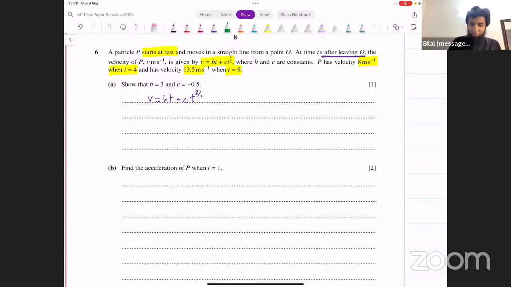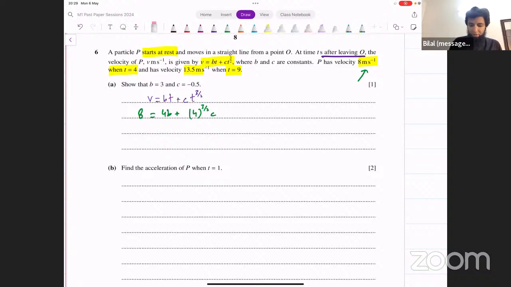If you input t equals 4, you get 4b plus 4 raised to the power 3/2 times c equals v, which is 8. So I'm inputting this first piece of information here, and that's giving me an equation in terms of b and c.